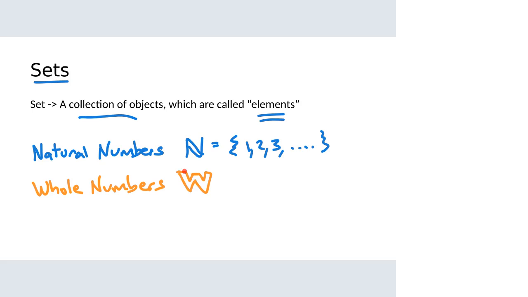I'll do that. There's a boldface W. And the whole numbers are really just the natural numbers with 0 thrown in. So that's 0, 1, 2, 3. And that keeps going on forever. And we use braces to write that set in roster form. If you're not sure what that means, it's okay to ask about it.